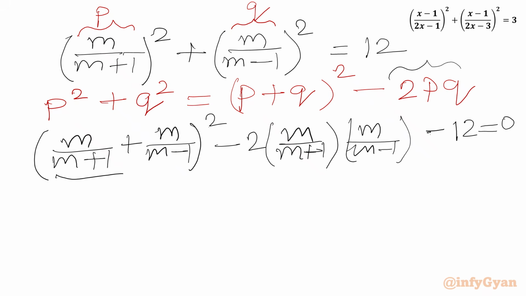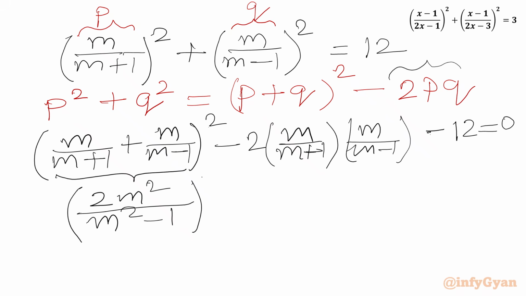Now we have to simplify this bracket first. m square minus m plus m square plus m. So plus m minus m will be over. We will get in the numerator m square plus m square, so we can write 2m square. Denominator m plus 1 times m minus 1. We can use difference of squares formula and write m square minus 1.